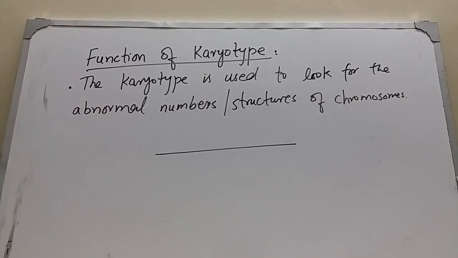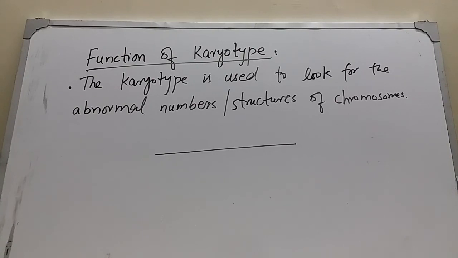Lastly, the function of a karyotype, or we can say the importance of a karyotype, why a karyotype is done. Mainly the karyotype is used to look for abnormal numbers or abnormal structures of chromosomes. In other words, to find out about genetic disorders, if there is an extra chromosome, or some chromosome is missing, or some part of a chromosome is missing, which is called deletion.